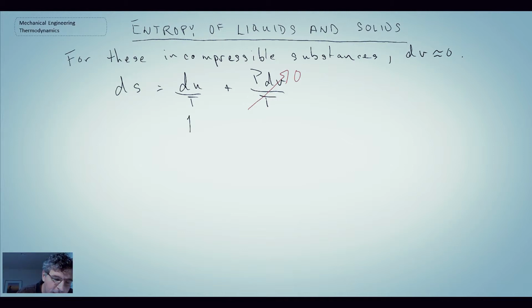The other thing that we can do for the internal energy, we can make a substitution in terms of our definition that we had for the internal energy, in terms of the specific heat at constant volume. Now, one thing that we'll say about specific heats for both liquids and solids is the specific heat at constant pressure and constant volume we will assume to be the same.